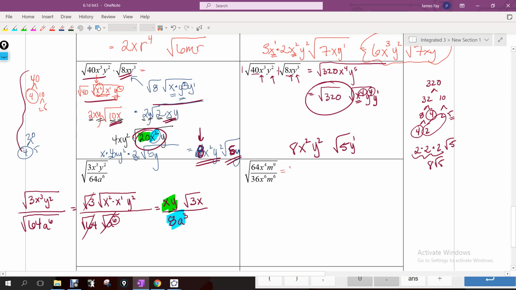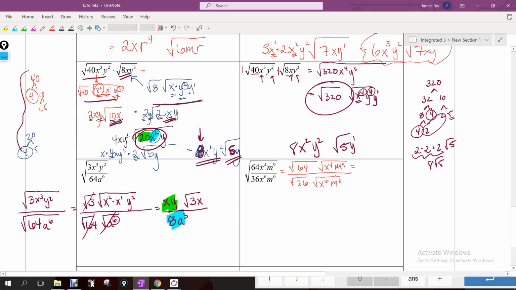So this one here, we got our 64, and we'll have x to the fourth, m to the ninth equals, on the bottom here we'll have root 36, and then x to the sixth, m to the sixth.